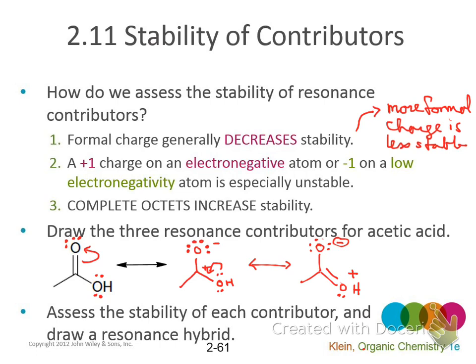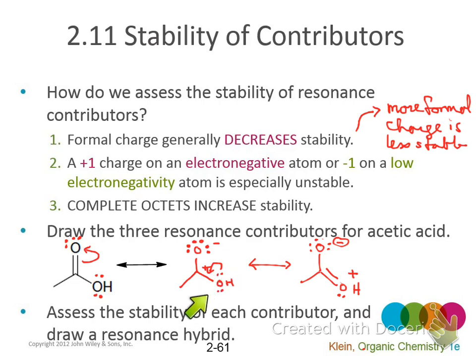Okay, so let's look at the stability of these contributors. There's 3 of them. And remember, the original structure is one of the resonance contributors. People forget that, so there's 3. Let's take the middle one.